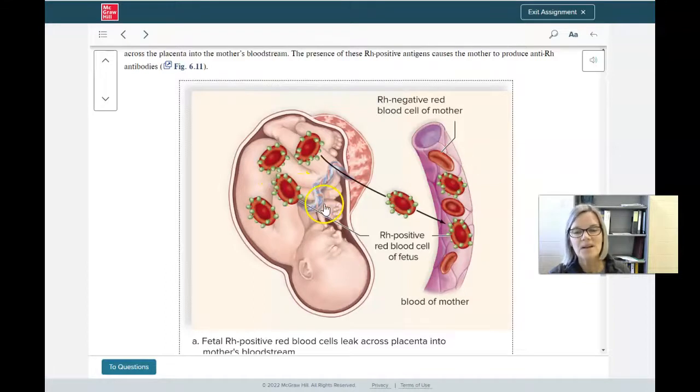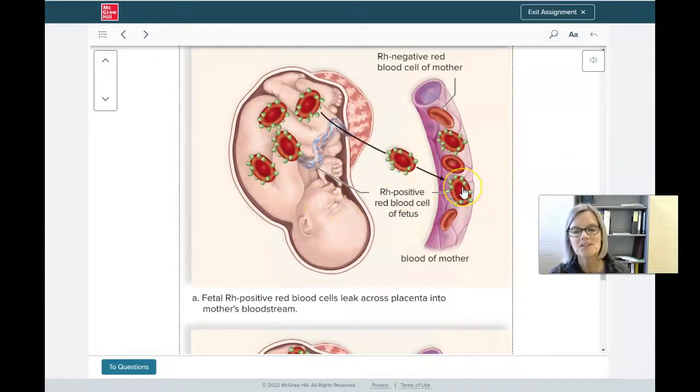The time when your baby's blood will mix with the mother's blood is usually during birth. So at the time of birth, a little bit of the baby's blood might mix with the mother's blood, and the RH positive baby will cause the mom to make anti-RH antibodies. But that's not a big deal because the baby's being born and those antibodies aren't going to be made fast enough to affect that baby.